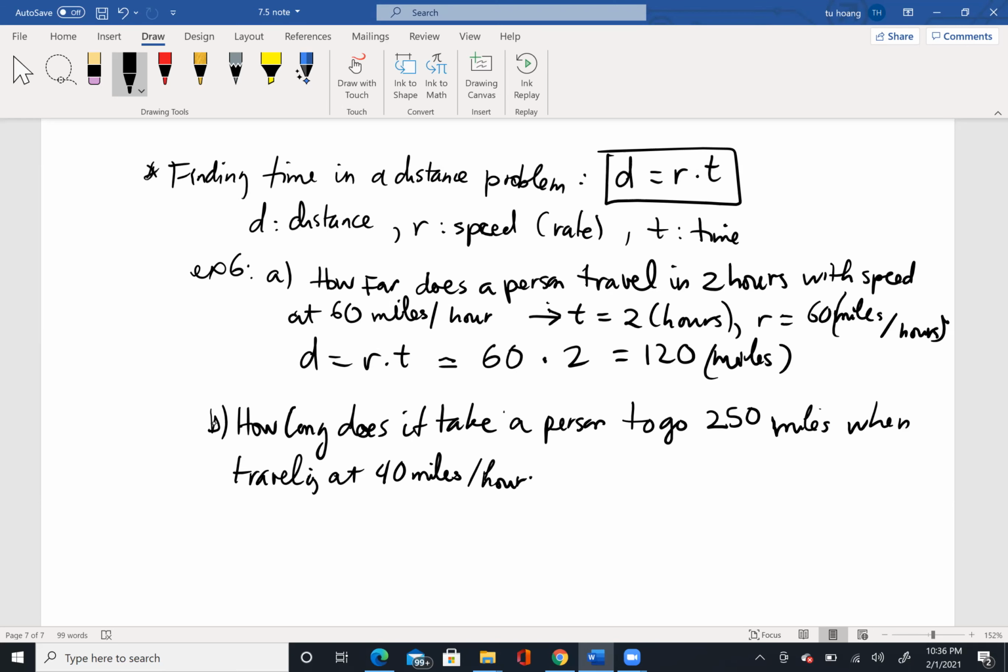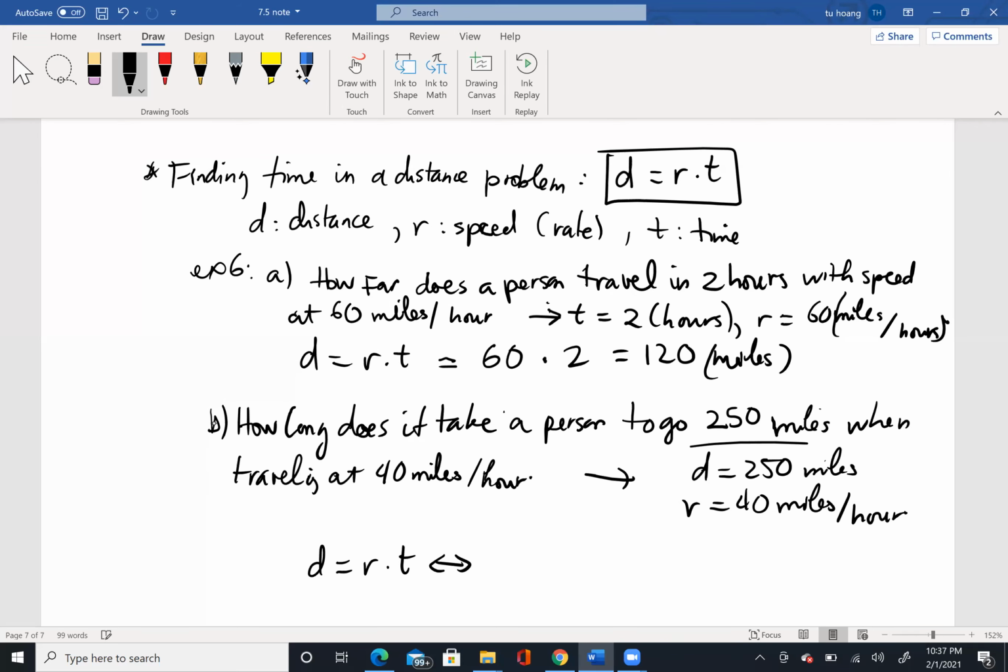So I have the distance D equal to 250 miles and the rate equal to 40 miles per hour. I substitute into the formula, and that gives 250 equal to 40 times t.